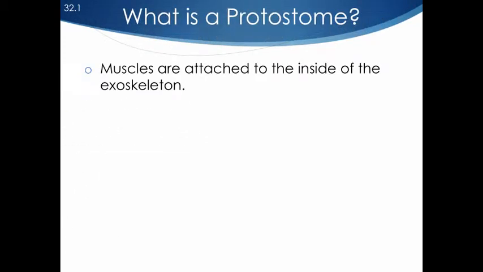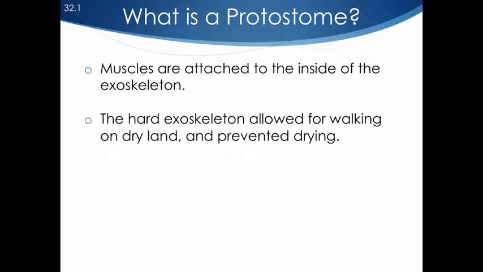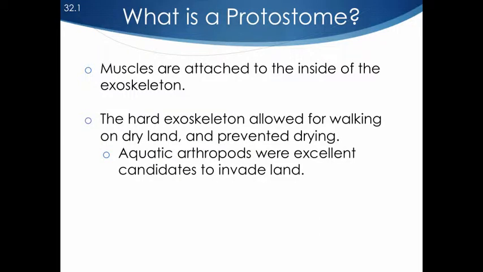Muscles are attached to the inside of this exoskeleton. I said this before with the crab and the spider that we saw when it was molting. The hard exoskeleton allows the organism to walk on dry land, and it prevents the organism from drying out. This is a major piece in evolution. This is what could have led to aquatic arthropods coming out of water and becoming land creatures.